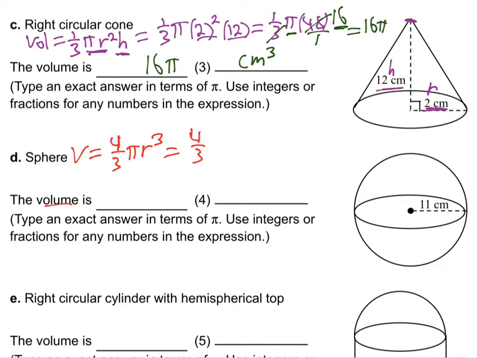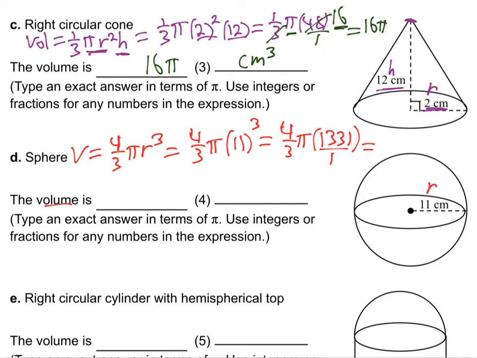So that's 4/3 pi, the radius is the 11 cubed. It's 4/3 pi, and the 11 cubed is 1331.